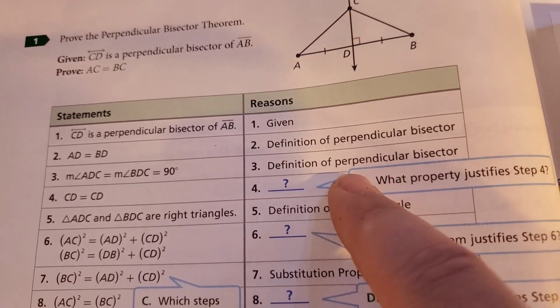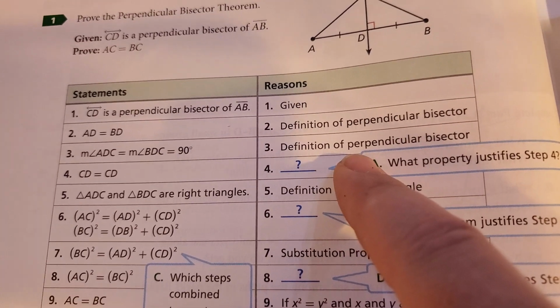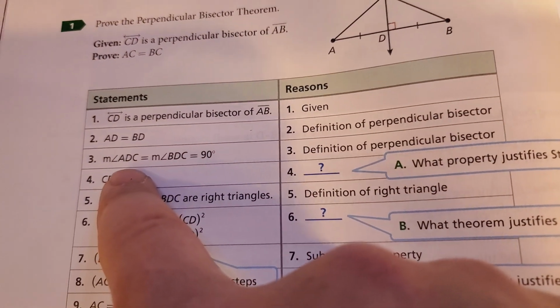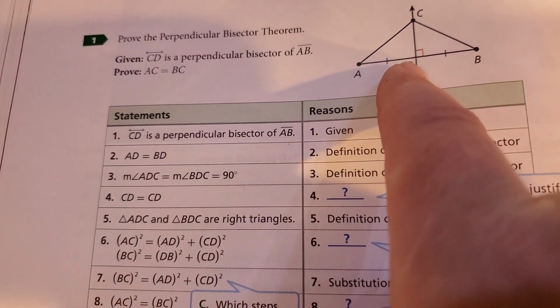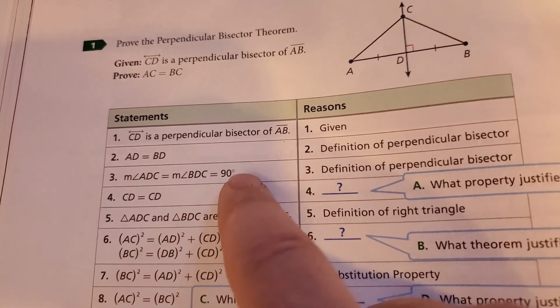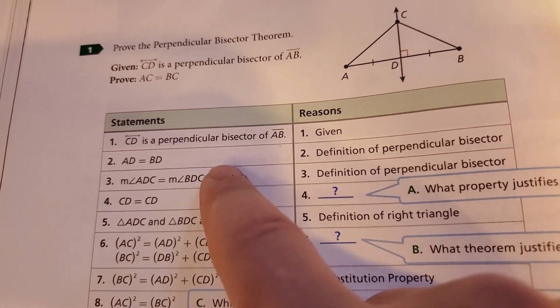And then in the next step, they use that same definition again, but this time to state the additional information that angle ADC is a right angle. It's 90 degrees. If they wanted, they could have merged both of those into one step.